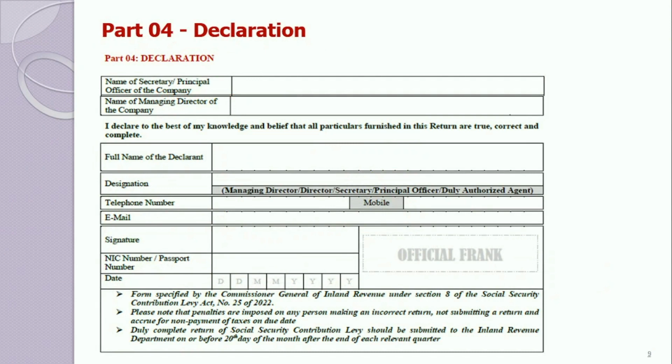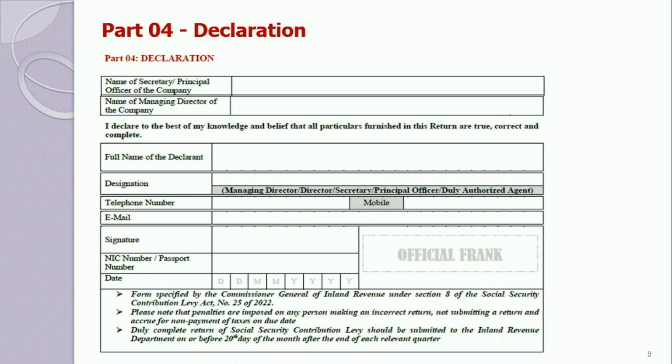Part 4 of the return is the declaration. The return should be signed by the declarant, and the declarant could be a managing director, secretary, principal officer, or a duly authorized person.